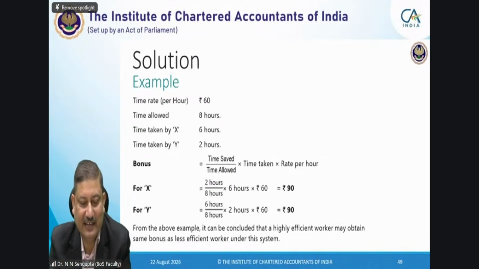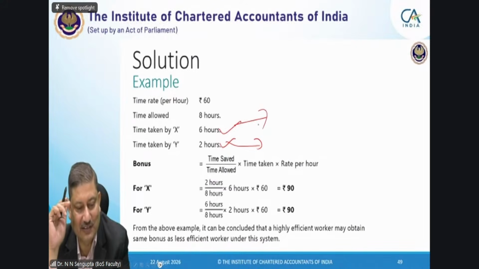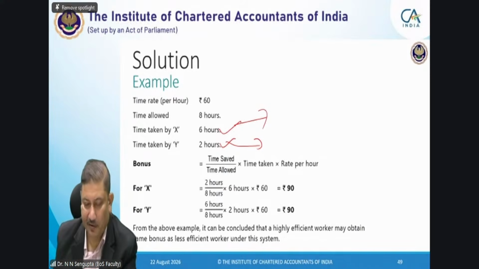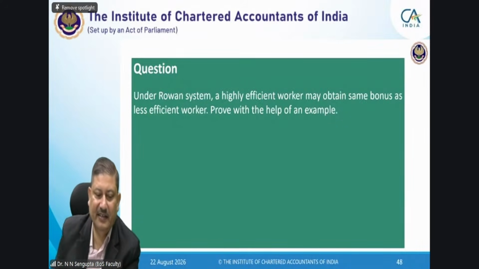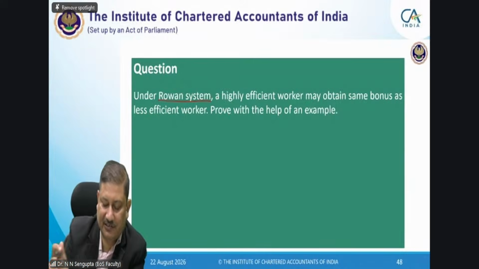So X has taken 6 hours, Y has taken 2 hours, he is very efficient, the other is not so efficient. Please keep in mind that we are talking about the Rowan system.